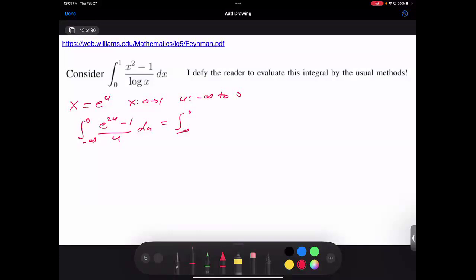As u goes to minus infinity, the e to the 2u, I'm not really worried about that. That's going to be really small. But the negative 1, I don't like that. Does this original integral make sense? As x goes to 1, the log of 1 is 0. That's blowing up.